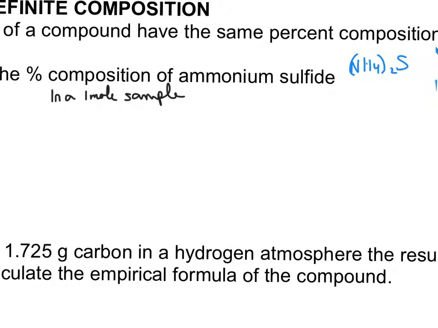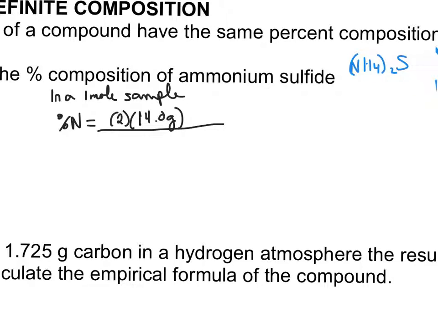So in a 1 mole sample of (NH4)2S, if I wanted to calculate the percent nitrogen, that's going to be the mass of nitrogen over the total. So if I had 1 mole of (NH4)2S, that means I have 2 moles of nitrogen. So 2 times 14 over my total.